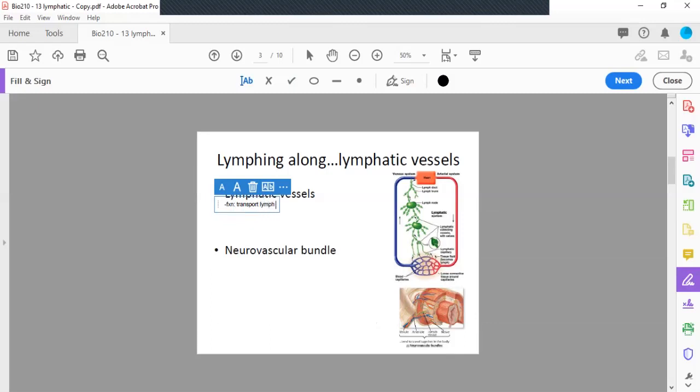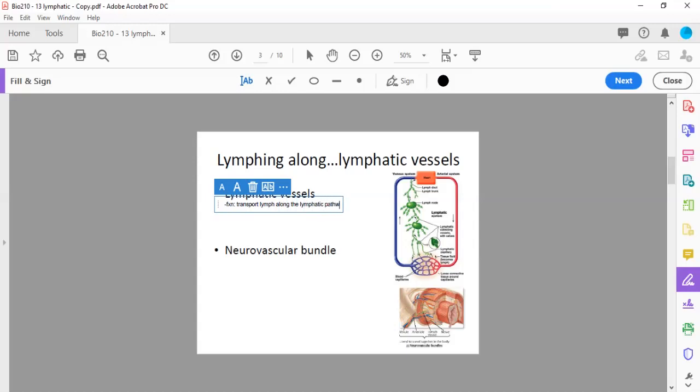So it's used to transport lymph within or along the lymphatic pathways.